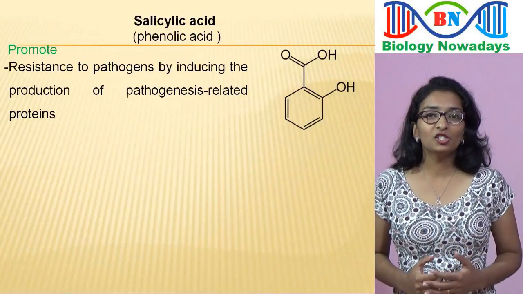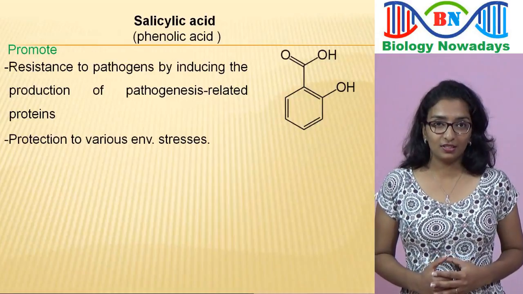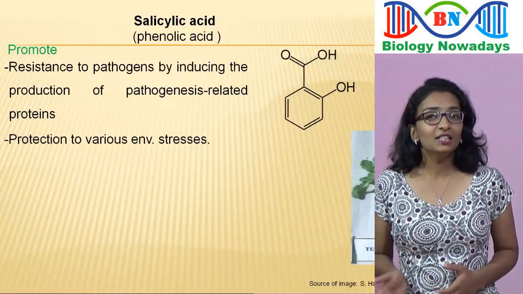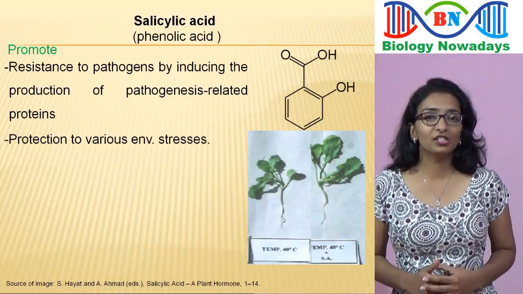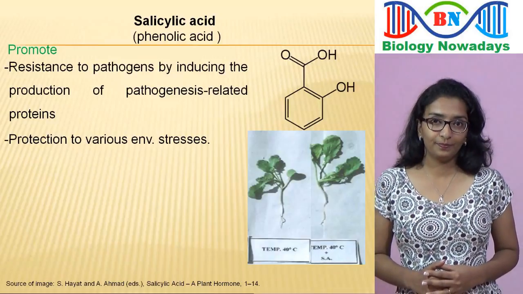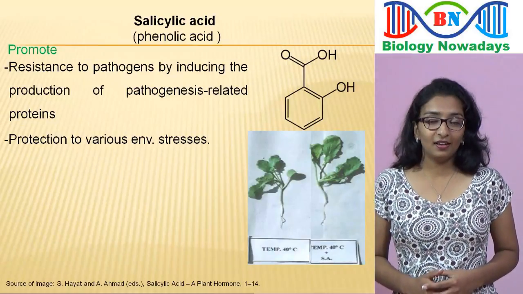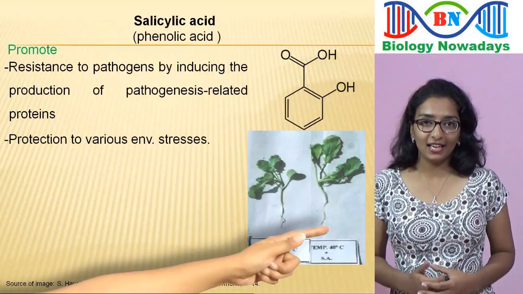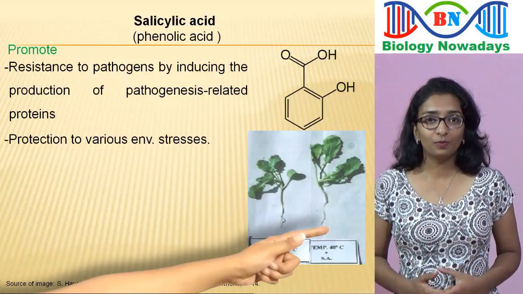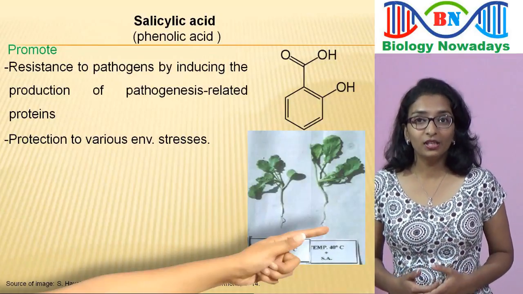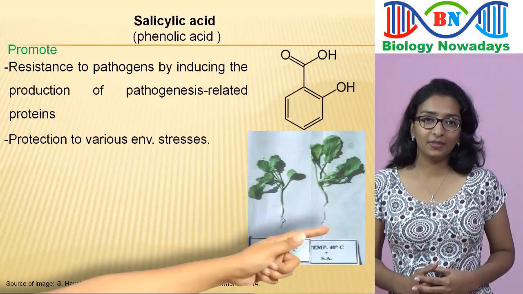It promotes protection to various environmental stresses. For example, these two plants were grown at a temperature of 40 degrees Celsius. The plant on the right side was treated with salicylic acid, and this plant showed better tolerance by growing better than the untreated plant.